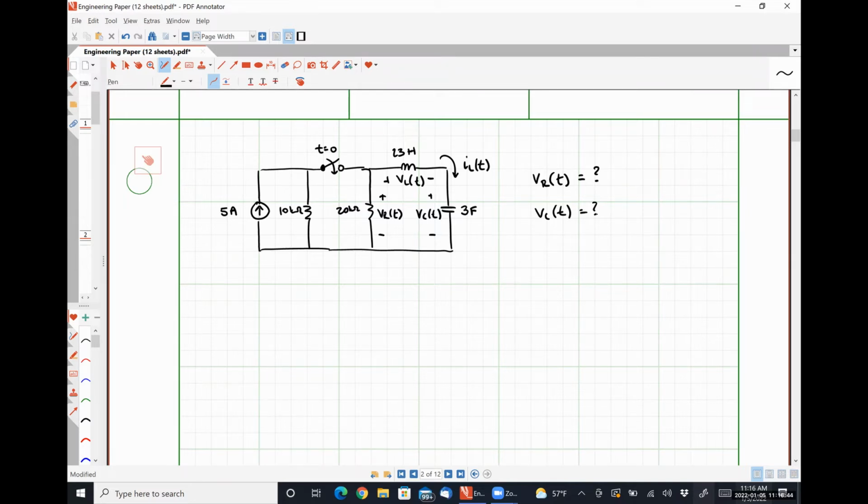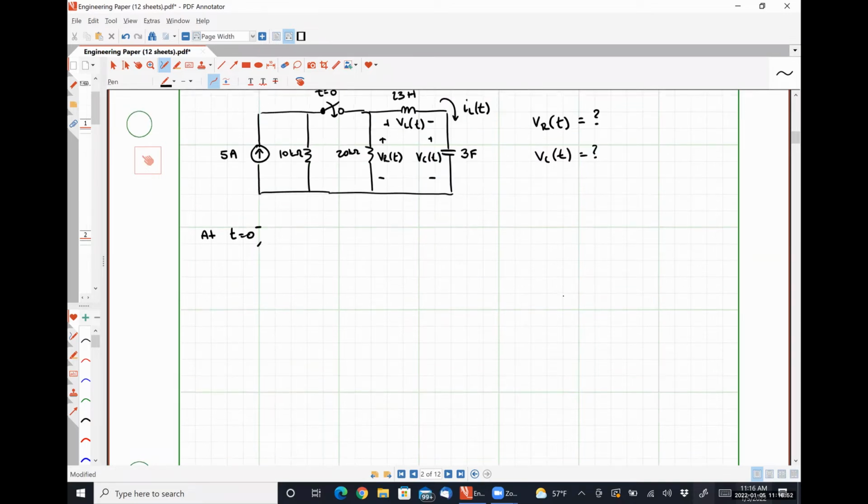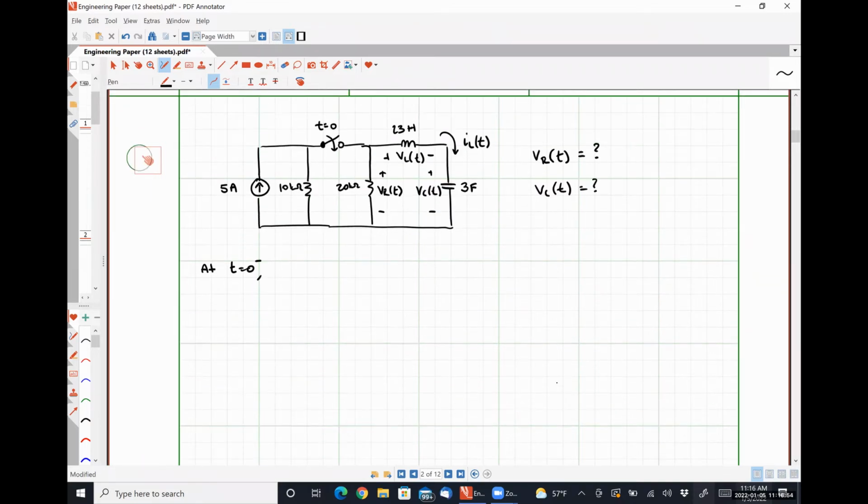All right, so at t is equal to 0 minus, well, actually, we could pretty much do this one by inspection, right? So I want to know what my capacitor voltage is at 0 minus, what my inductor current is at 0 minus, and really I don't need anything else past that, but we could take account of it.